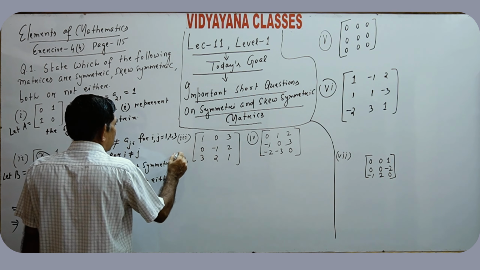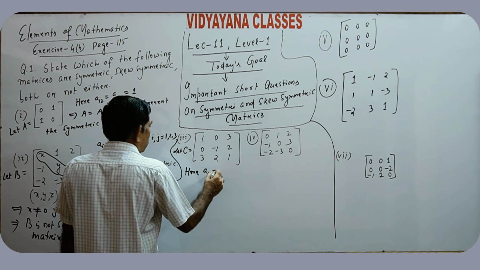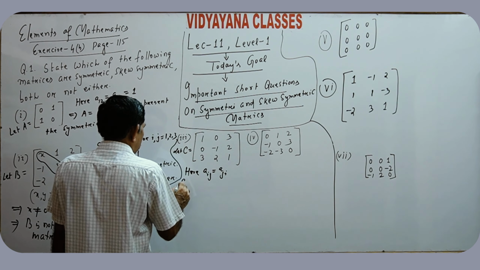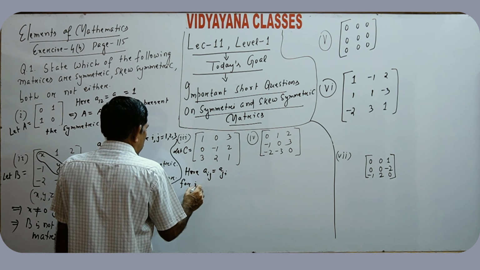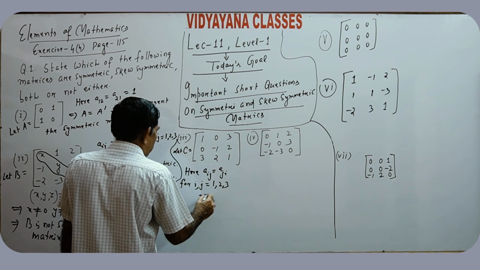Third bit, let capital C be the matrix. Let capital C represent the given matrix. Here Aij is equal to Aji for i, j varies from 1 to 3, i not equal to j.